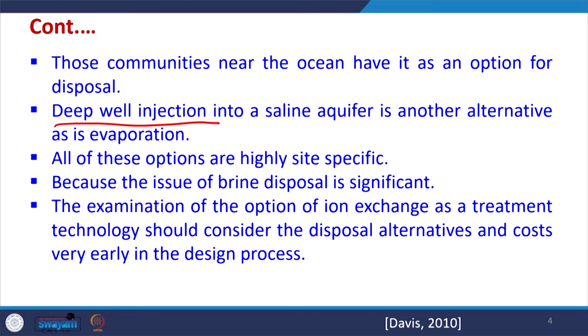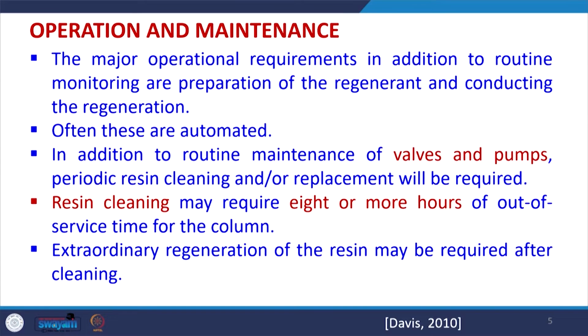Because the issue of disposal is highly significant, the option of ion exchange as a treatment technology should be considered along with how we will dispose of that brine. That is very important if we are going to select any ion exchange basin for treatment, and cost also will depend upon that. So, all these parameters are very important.